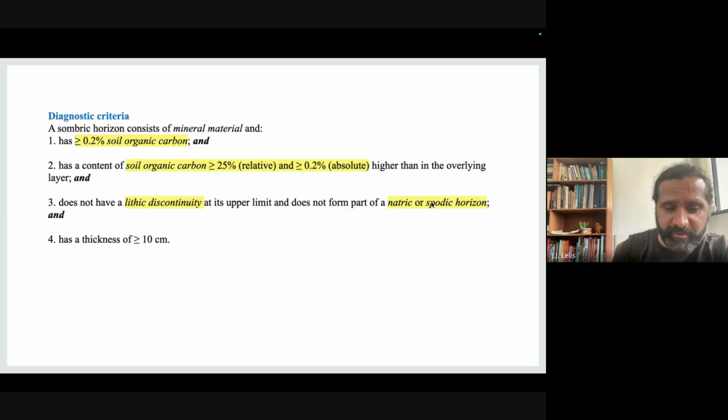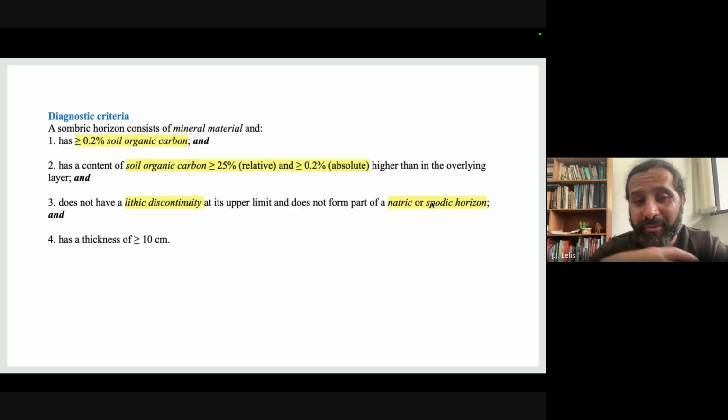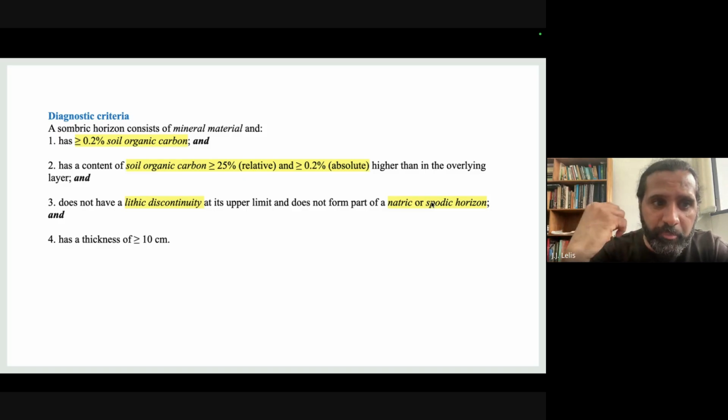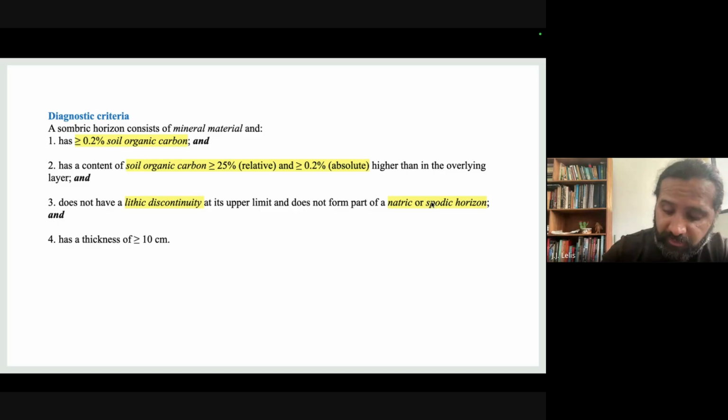Okay, as I said, it is another process, not connected to sodium or aluminum. And it should register a minimum thickness of 10 centimeters. Okay, so these are the criteria for the sunbreak horizon, but in my opinion, still a lot of gaps. So we need to understand this sunbreak horizon much better. Okay, I just saw one sunbreak horizon in my entire life, that's this photo that I showed you, because they are quite rare.